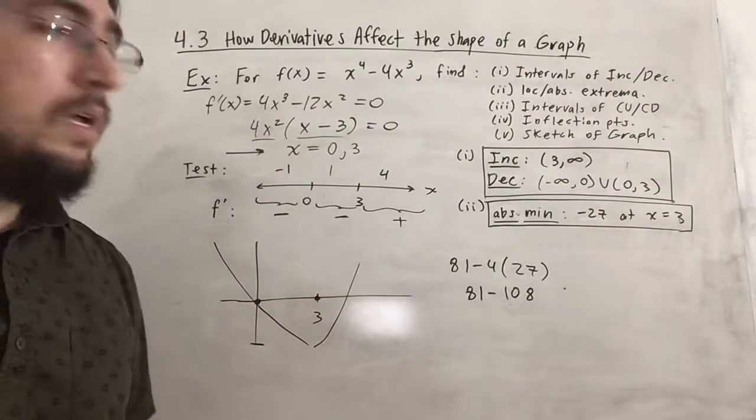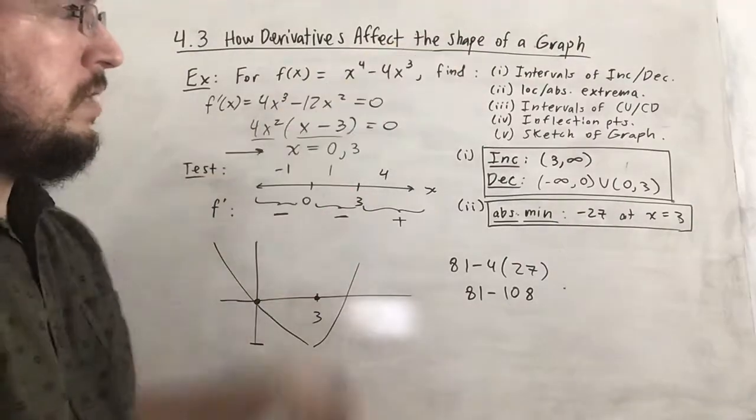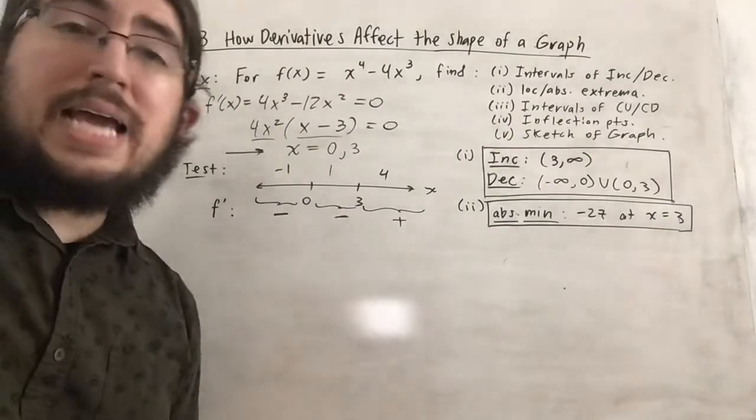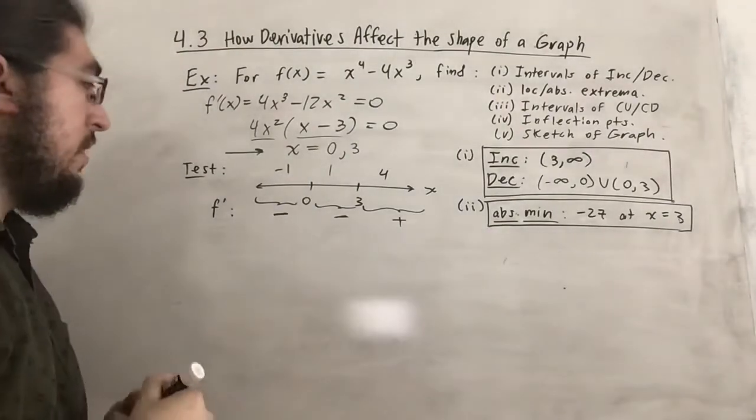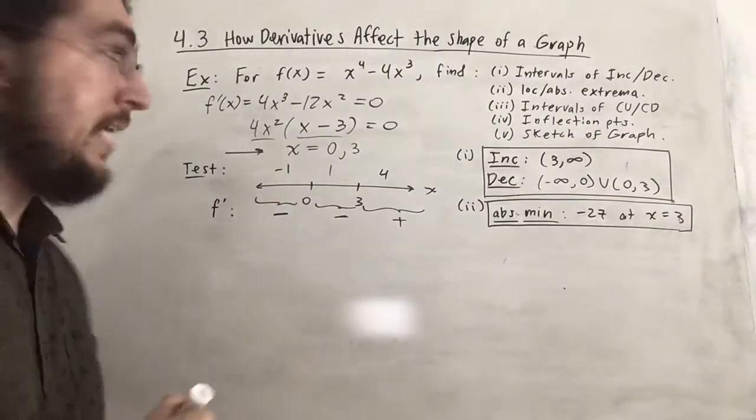Right, so now we're done with steps 1 and 2. Now for the third part, we're trying to find intervals of concavity, concave up or concave down. With that being said, we're going to repeat this same thing we just did, but now with the second derivative.